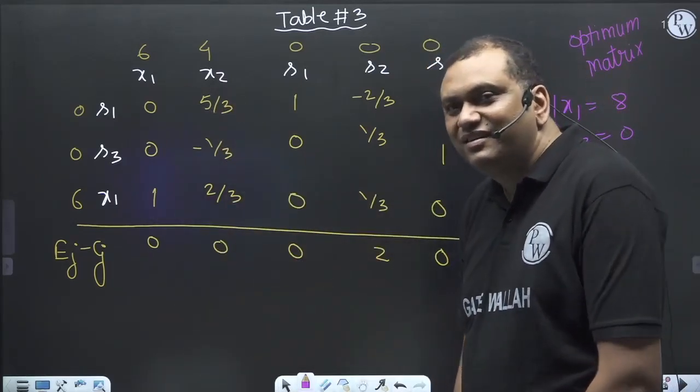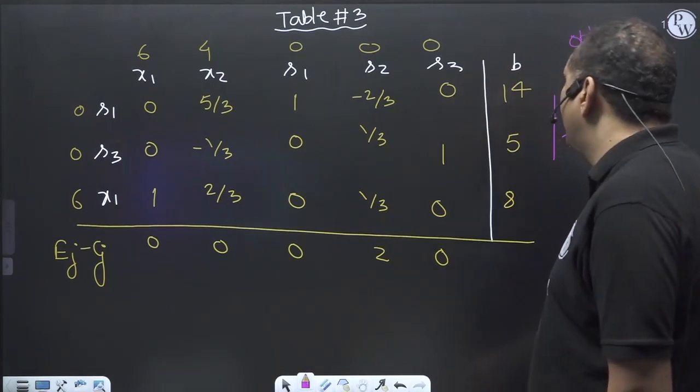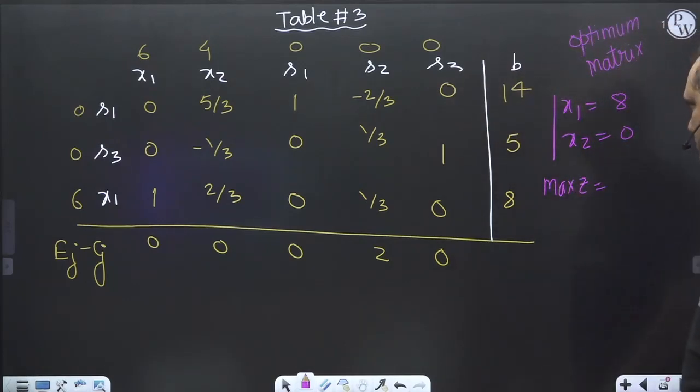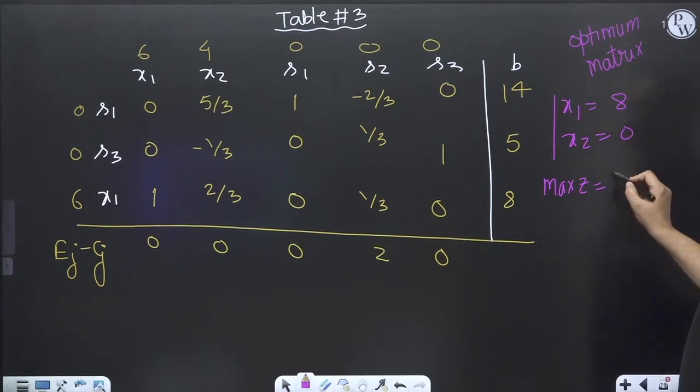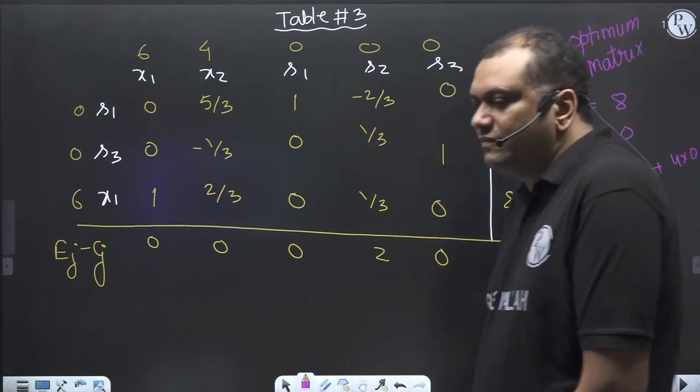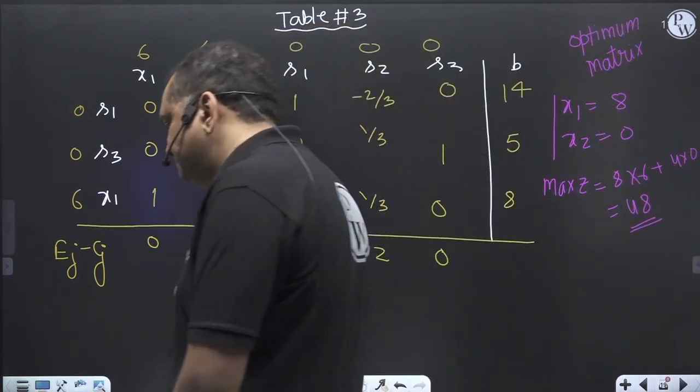Correct, na? So the solution and the maximum Z is nothing but 8 into 6 plus 4 into 0. Correct, na? That's what we will do and get away with it.